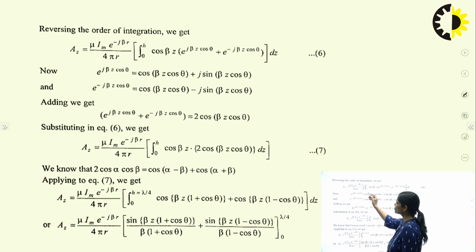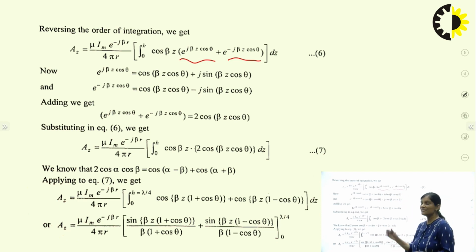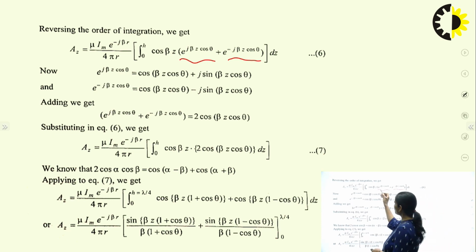So here when you are solving, some terms are there, e to the power j beta Z cos theta, e to the power minus j beta Z cos theta. So how can you write this in exponential form? You have to write this exponential form in terms of cos and sin. So how can you write e to the power j beta Z cos theta is equal to what?